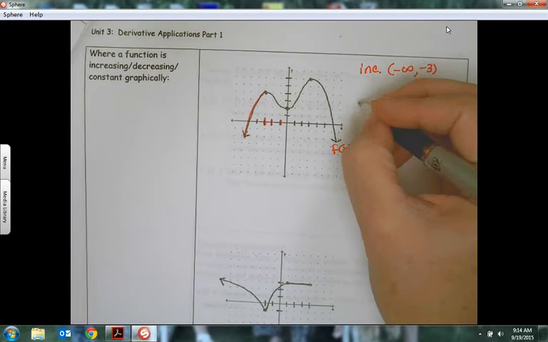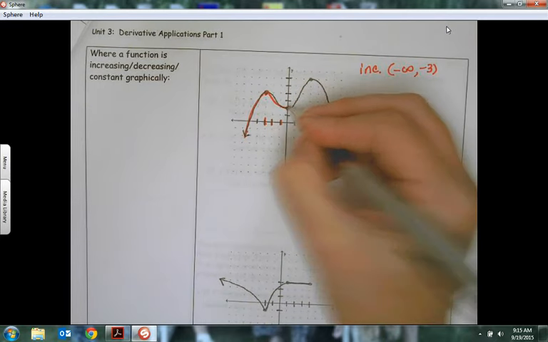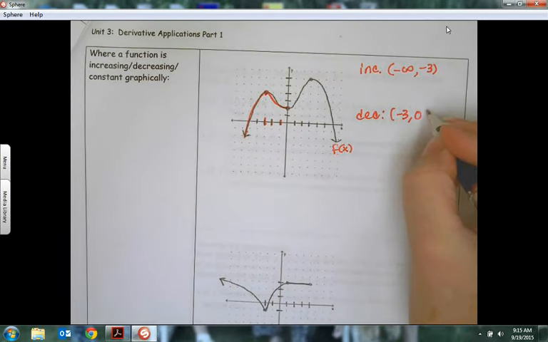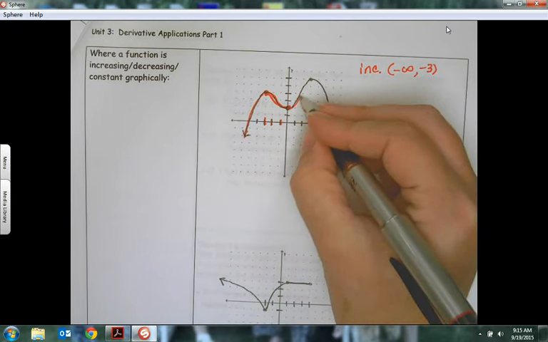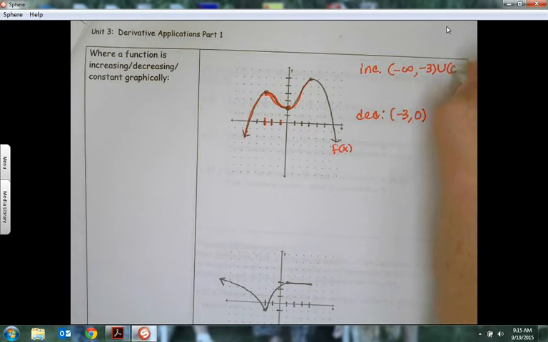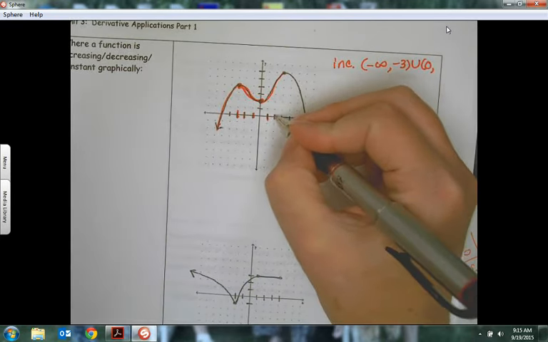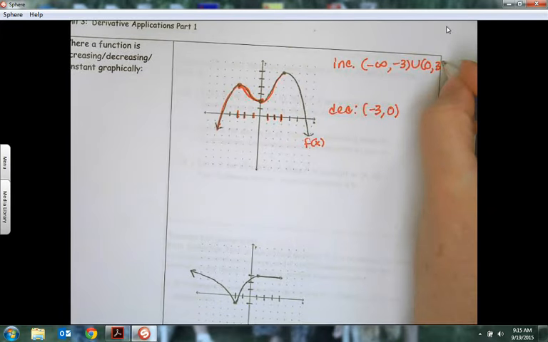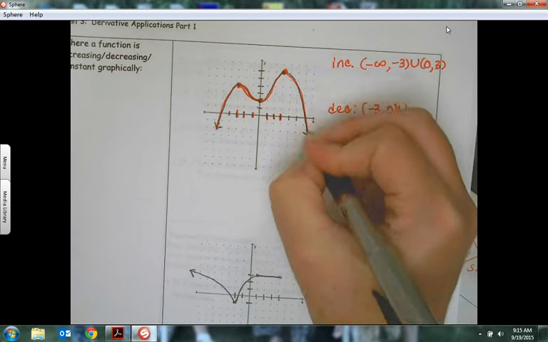Then it's going to start decreasing from negative 3 until 0. Then it's going to start increasing again from 0 until 3. And then it's decreasing from 3 and forever.